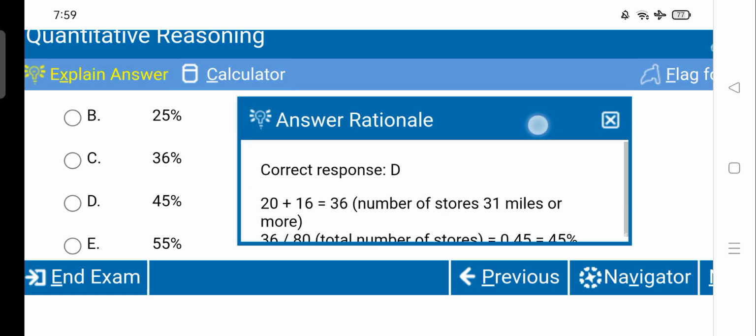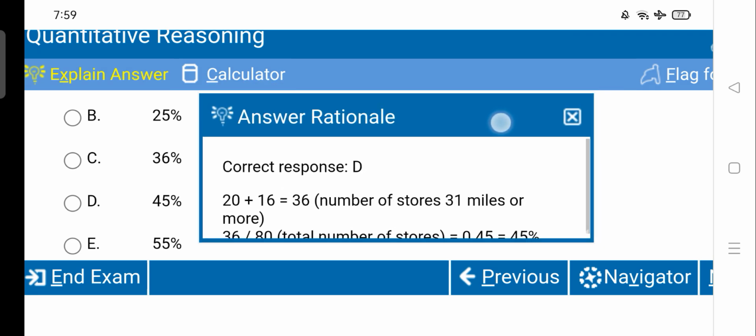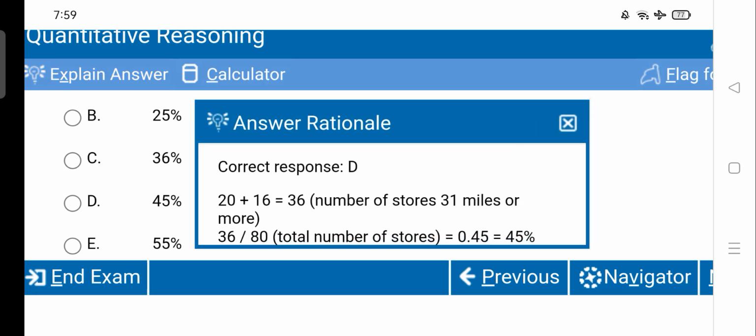So the correct response is option D, as 20 plus 16 equals 36 is the number of stores 31 miles or more.